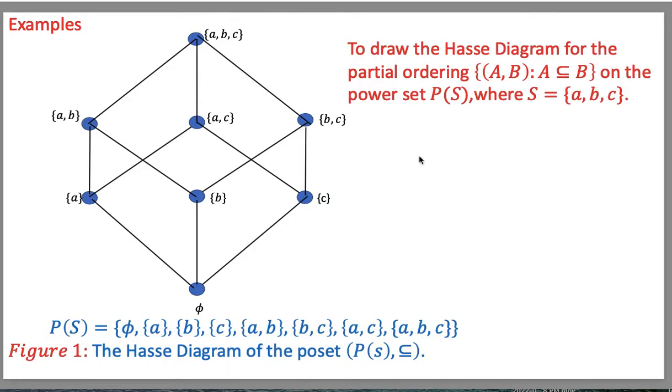Now we will draw the Hasse diagram of this power set of S, and the relation given to us is inclusion. So the first element is phi. We will write phi here.